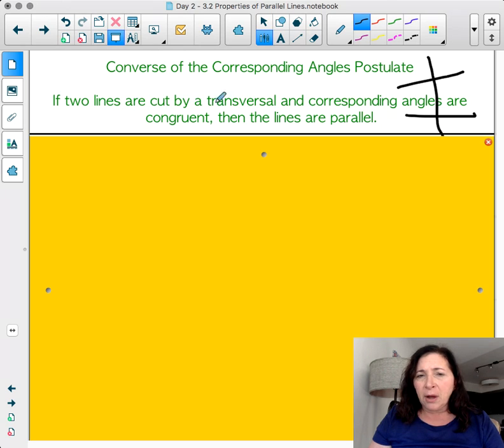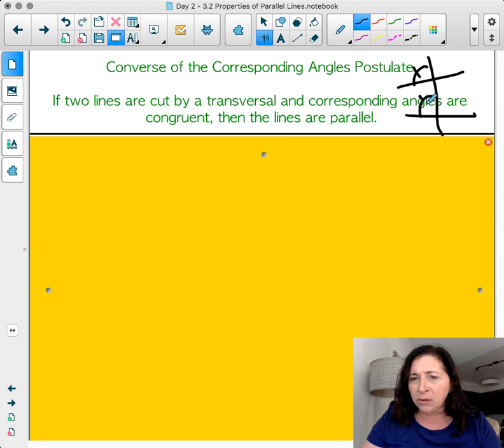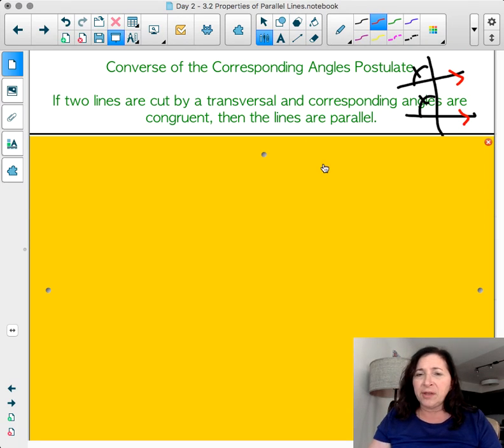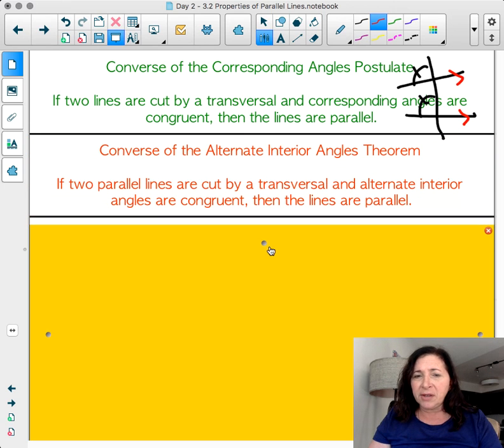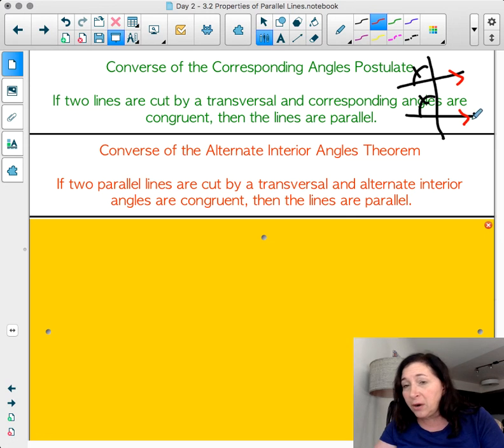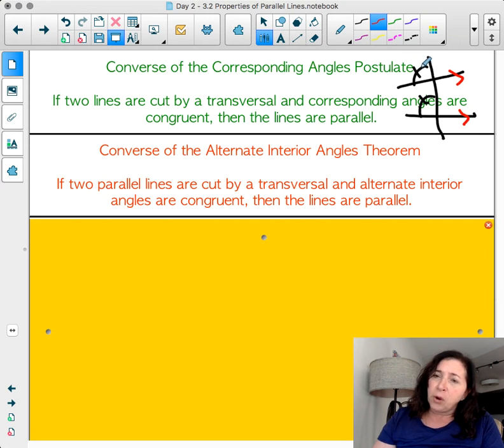If I tell you that that angle and that angle are congruent, only then would that mean this line and this line are parallel. That's why they call it the converse, because you're doing it the opposite. Instead of saying two parallel lines cut by a transversal form corresponding angles that are congruent, you're saying the converse, which is just the backwards.